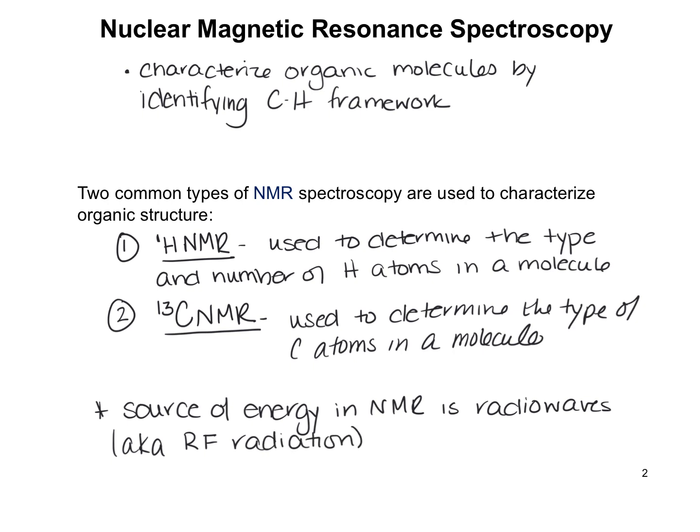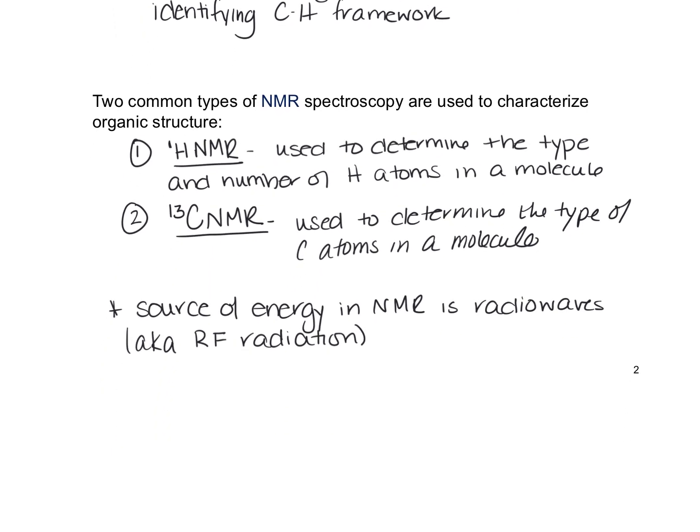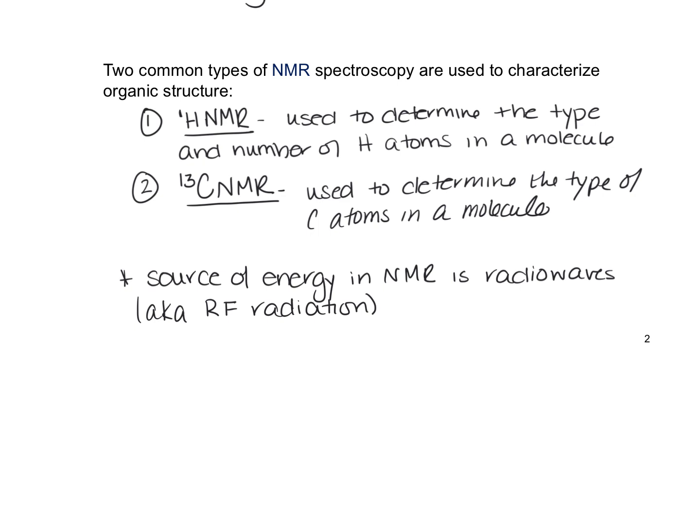Okay, and these generally, remember, have long wavelengths, and so they're really low in energy and frequency. Now, when these low energy radio waves interact with a molecule, they can change the nuclear spin of some elements, including the proton and carbon-13.